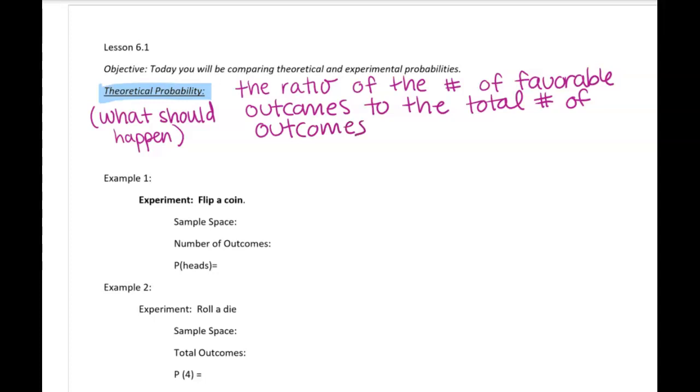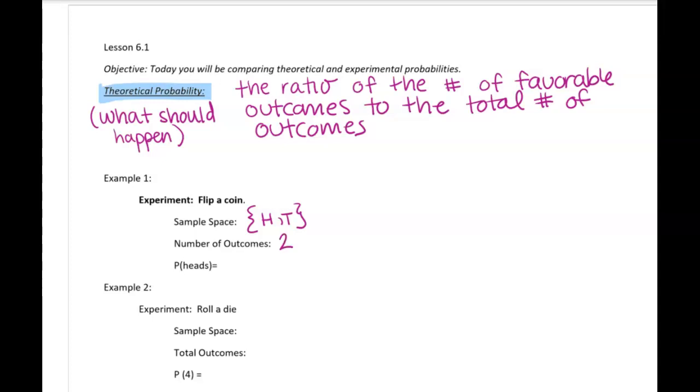So for example, if you're doing an experiment, though experiment's a strong word, it's not really quite an experiment if you're flipping a coin. But your sample space, basically your options, is that you can get heads or tails. The number of outcomes is 2.